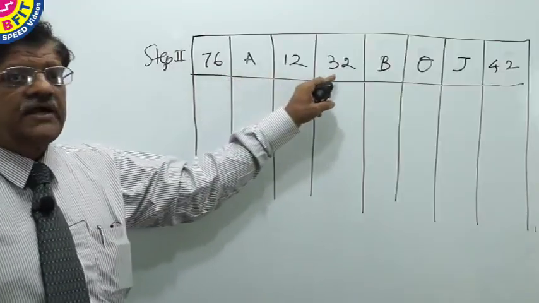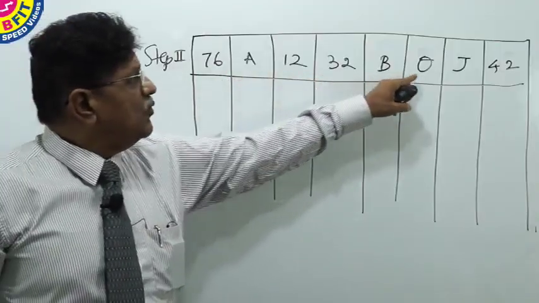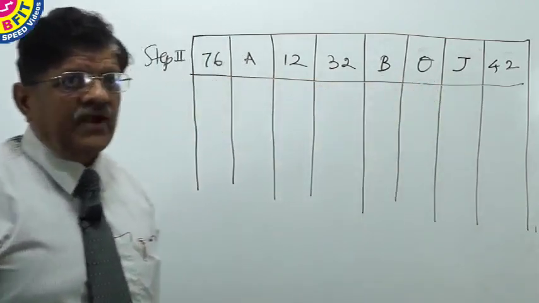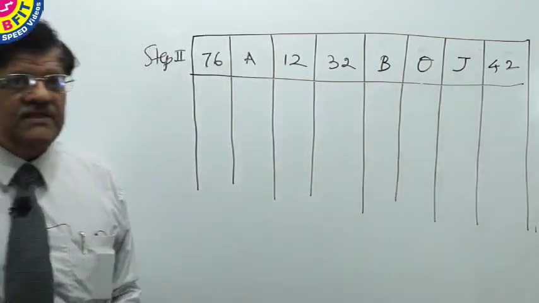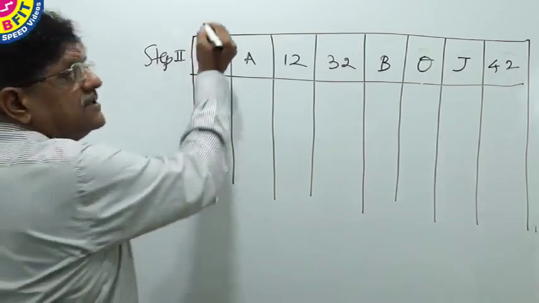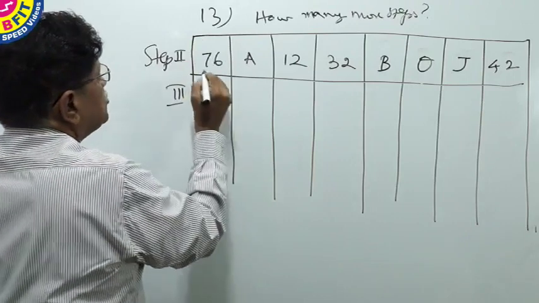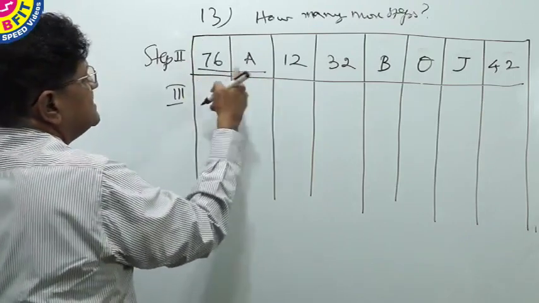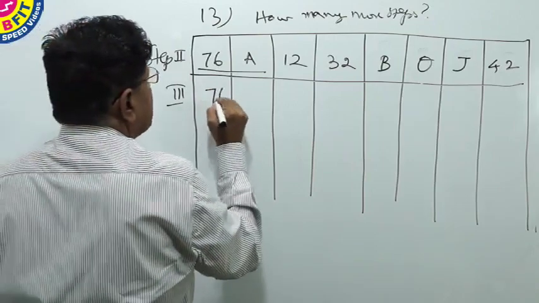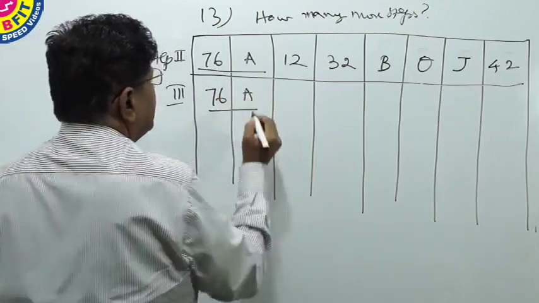76A, 1232, B, O. This is not 0, O. J, 42. Right. Now, what is the question? How many more steps will be required? Step 3. Now, 76 and A are already done, so we will inherit them. 76 and A inherited.